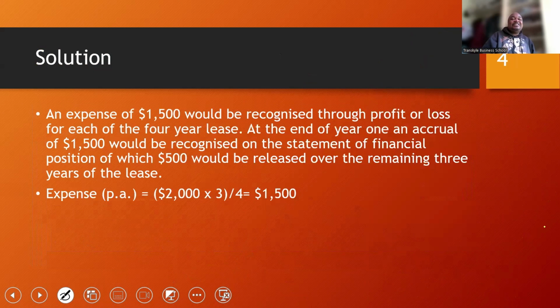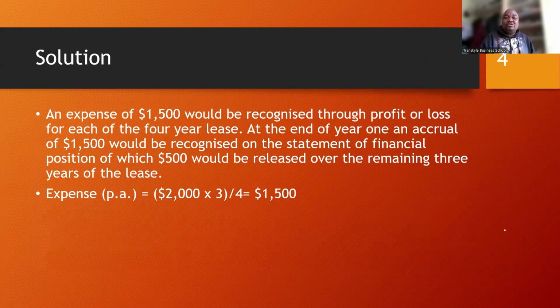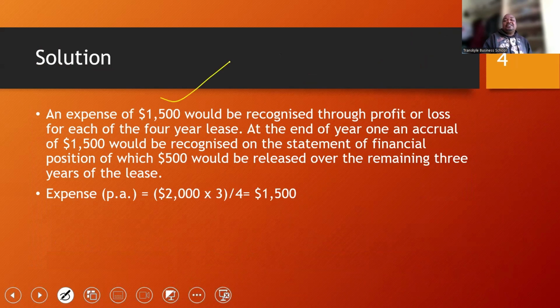Okay, let me just show you this explanation. An expense of $1,500 would be recognized through the profit or loss for each of the 4 years. So in each of the years, we are going to recognize a 1,500 expense.